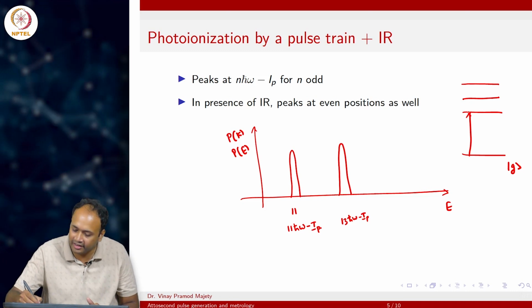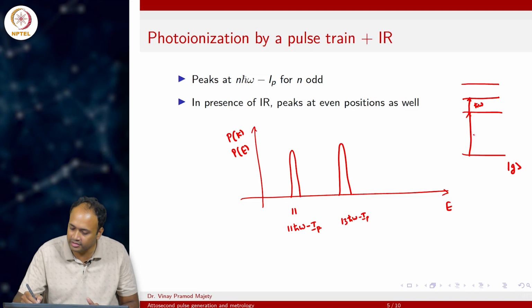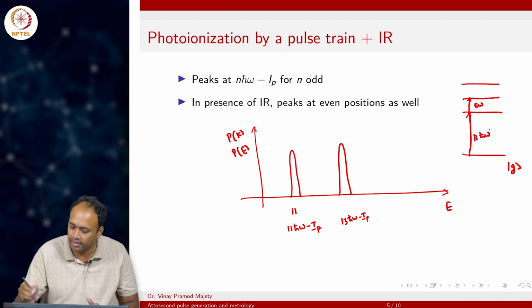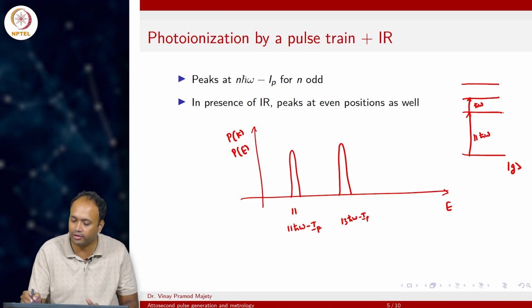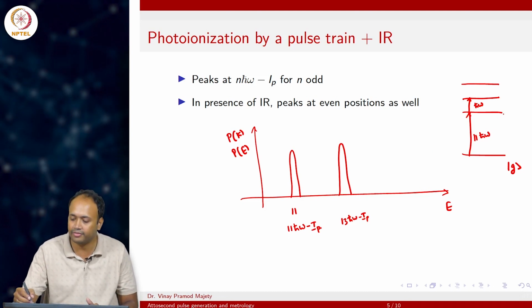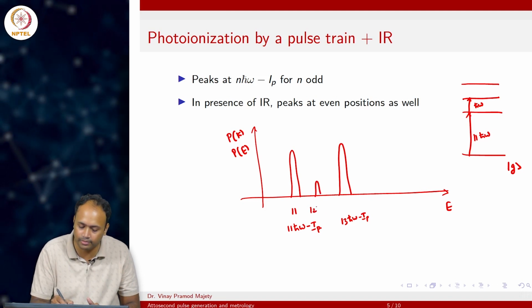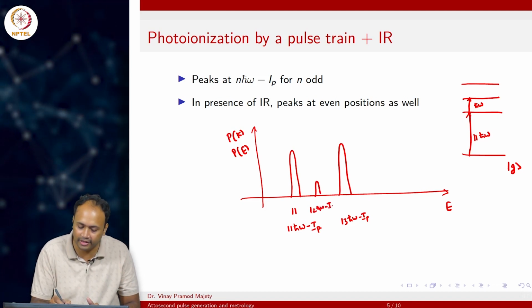That means it absorbs another photon at h bar omega. This is 11 h bar omega, and instead of having a photoelectron just at 11 h bar omega minus IP, I can also have a photoelectron which is being emitted at 12 h bar omega minus IP.